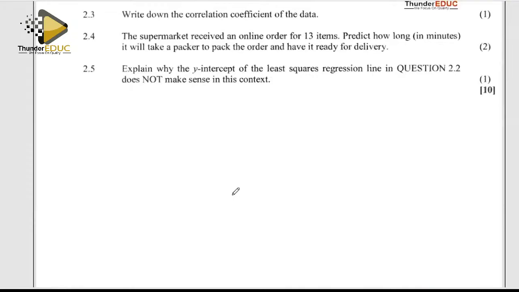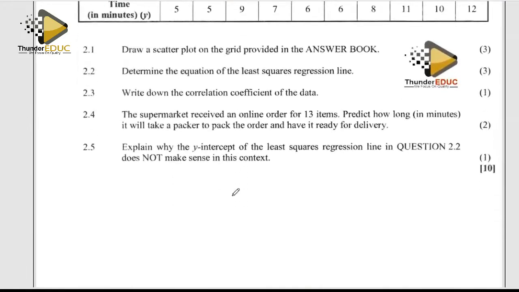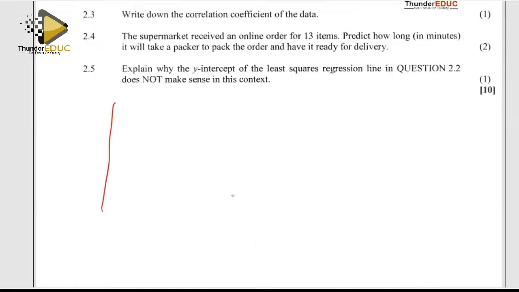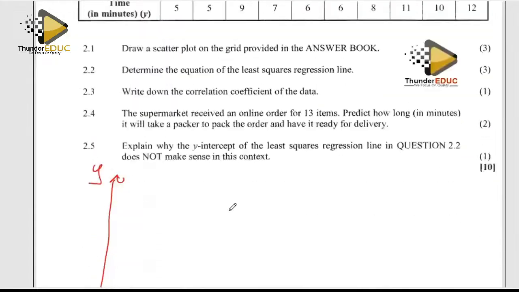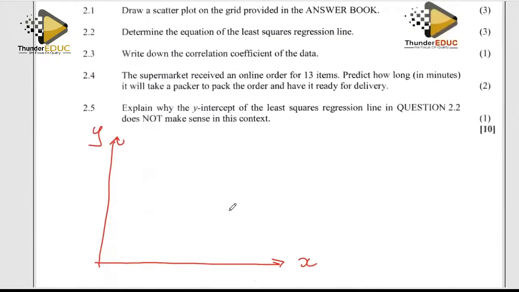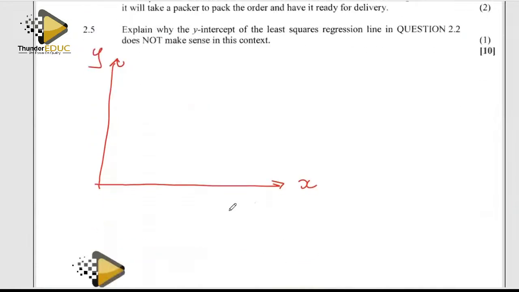Can I draw it here? Okay, so let me just put it down here. So that's your y, and that is your x. We don't have any negative numbers in this case. You guys had a graph book or graph page, so yours was kind of neater and slightly quicker. With mine, let me use x, because this x is representing the number of items.